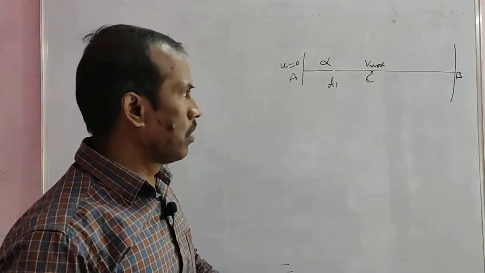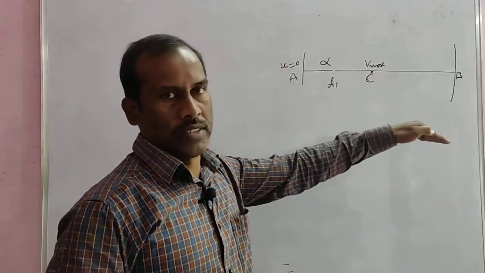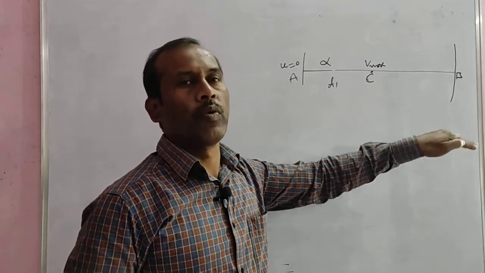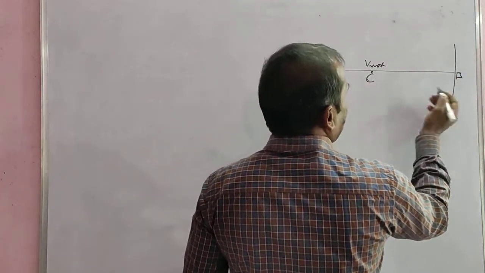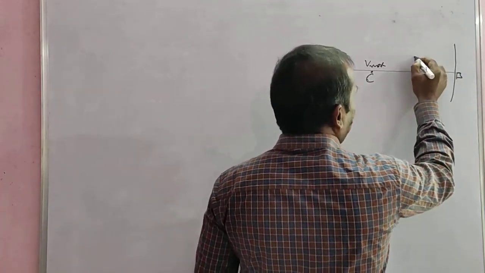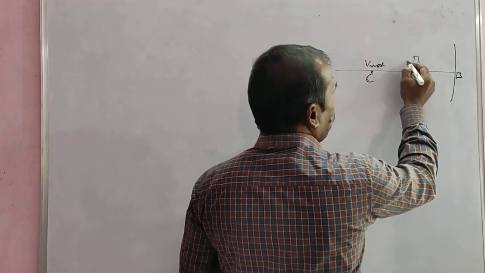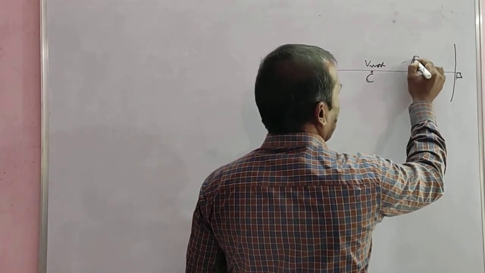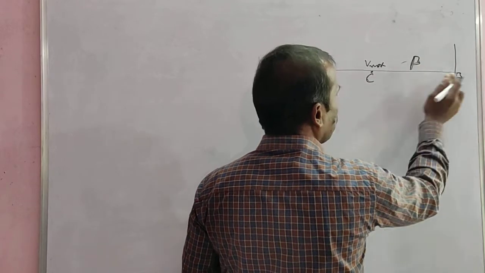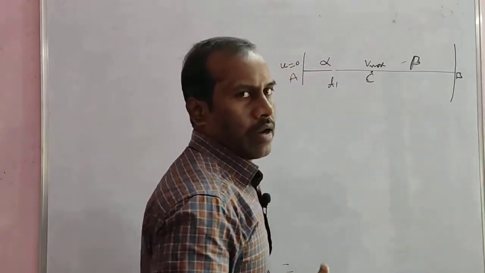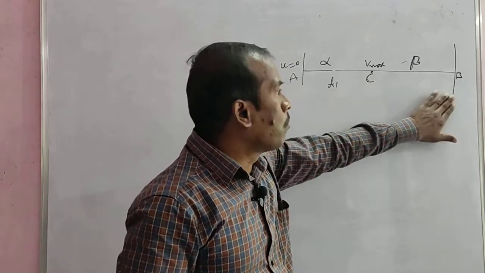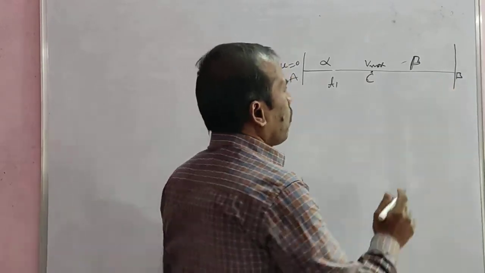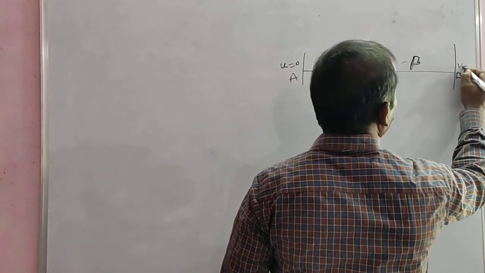After some time the bus decelerates and comes to rest. From C to B the bus decelerates, that means at the rate beta, this is a negative value, this is a deceleration. Come to rest at point B, so final velocity V is equal to 0.